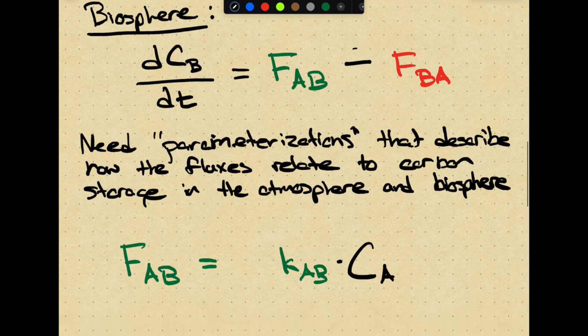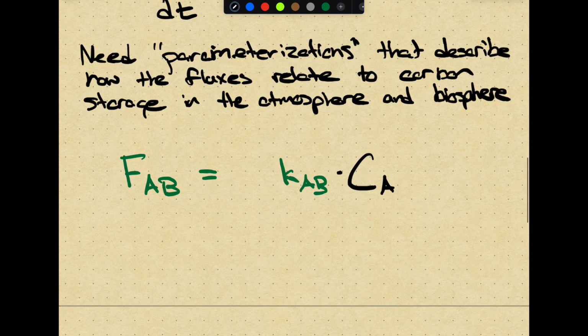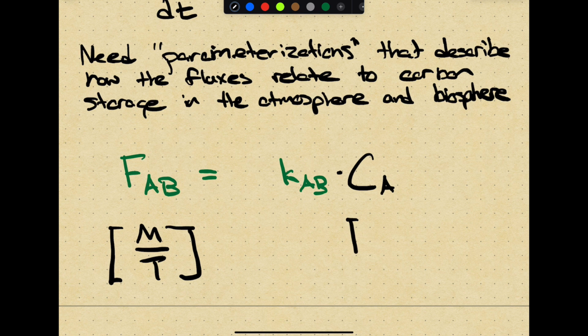Our fluxes have to be in units of mass per time. C is a mass, T is a time. So I'll draw it this way: this will be in units of mass per time, and this will be in units of mass. What will be the units of my K coefficient? 1 over time. Okay.